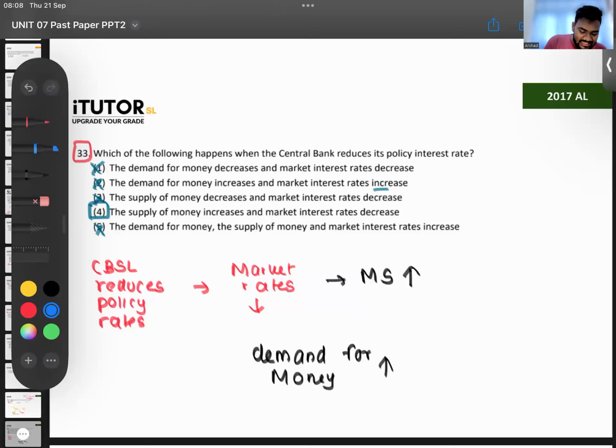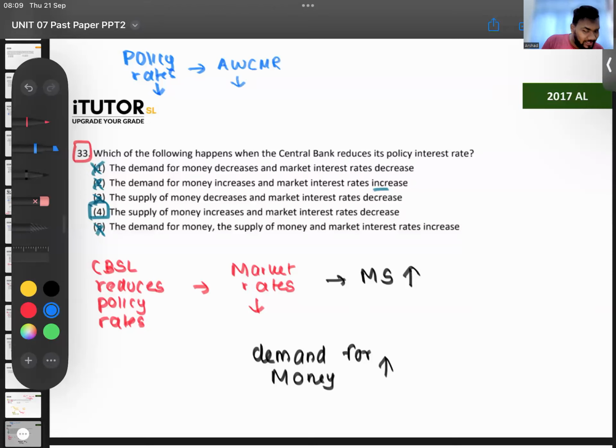So how it works is, guys, I'm not going into detail again. When the central bank reduces policy rates, remember the standing deposit facility and standing lending facility, that's the interest rate corridor. I explained this in detail in the video we did this Saturday in the doubt clearing session. When this comes down, the average weighted call money rate will come down.